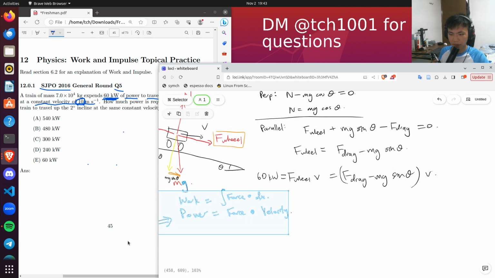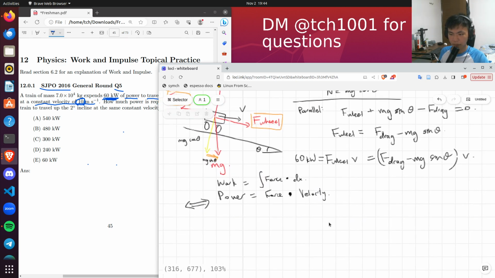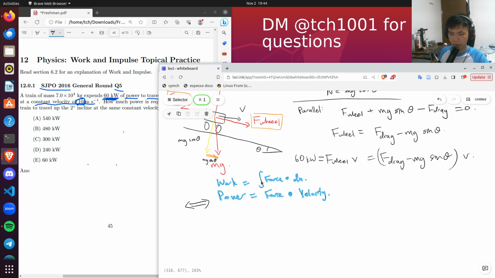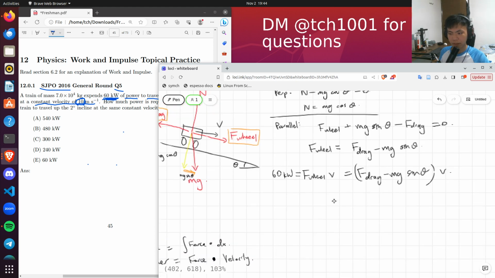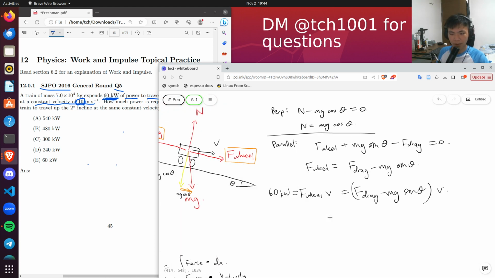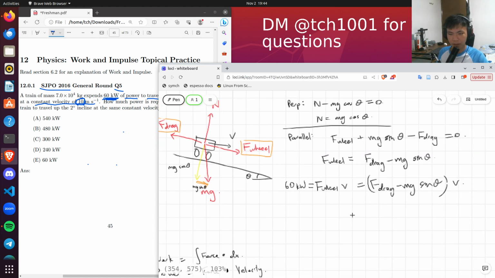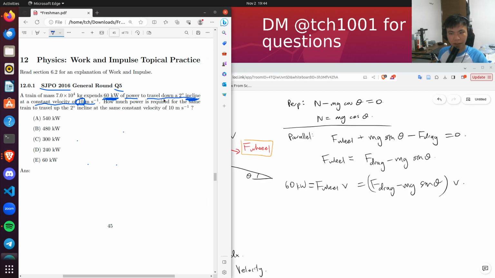Let me just move this working to the left a little bit. So this is if the train is going downwards on an incline.